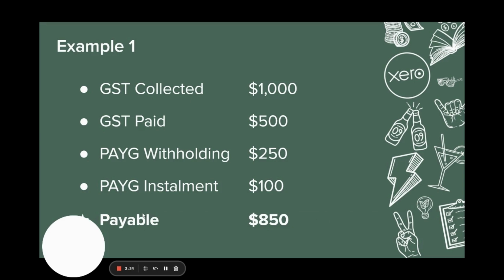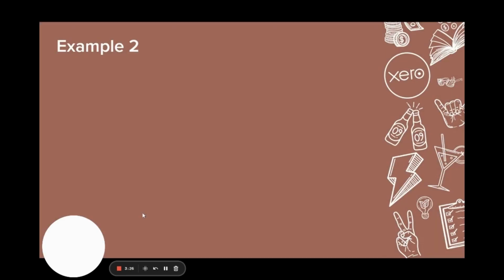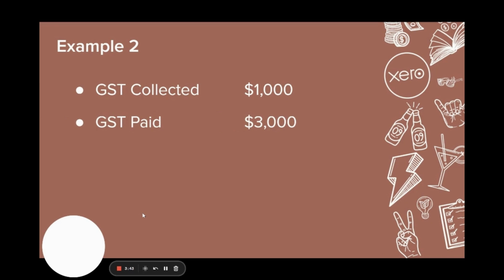So now I'm going to jump ahead onto example number 2. So in example number 2, again, we have collected GST of $1,000. I'm going to work this one out with you as we go so it makes sense. So we've got $1,000 minus the GST we have paid, which is $3,000.